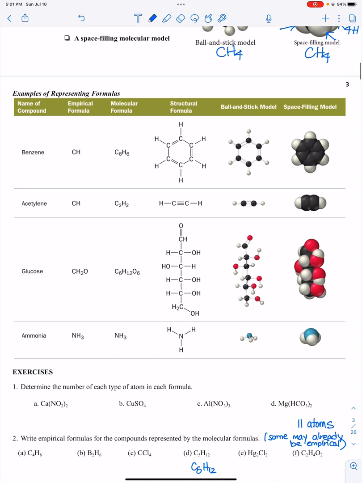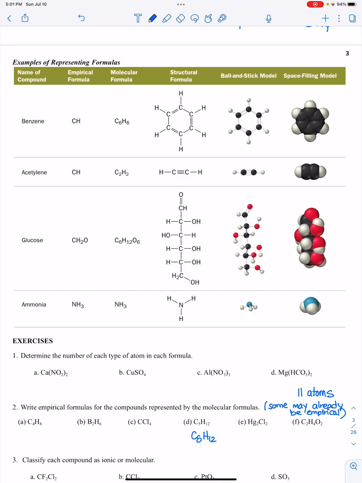I'm going to end with just looking at examples of representing formulas and then lead you to your practice here. So here are just some examples. Like here's benzene. The molecular formula of benzene is C6H6. And here's what the structural formula looks like. And here's what its ball and stick and space filling model would look like. It has 6 carbons, 6 hydrogens.